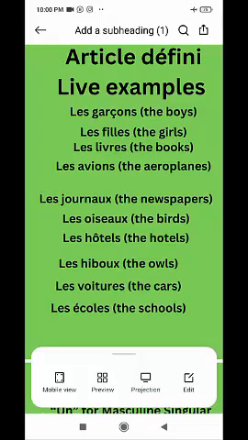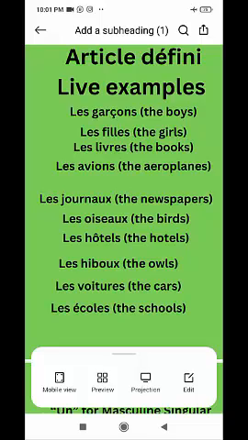Please notice this particular word. In the end, it is taking X in the case of plural instead of S. Okay, this is the main point to be noted. Les journaux: in plural, it is taking X at the end. The newspapers. This is an exceptional word.